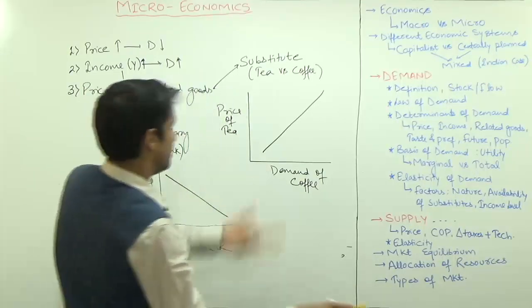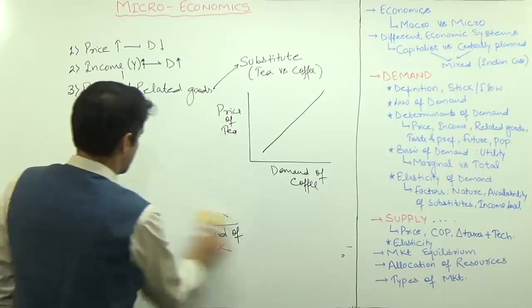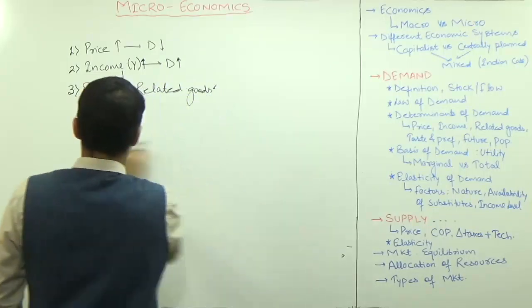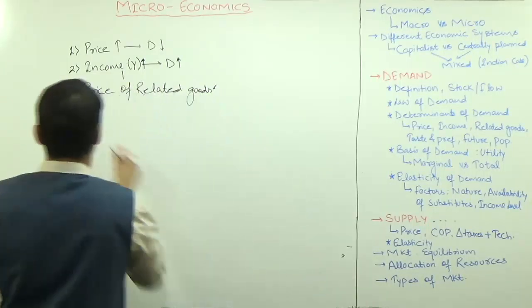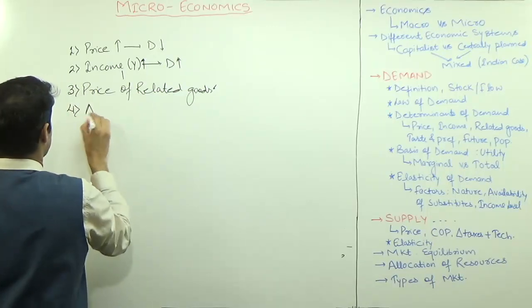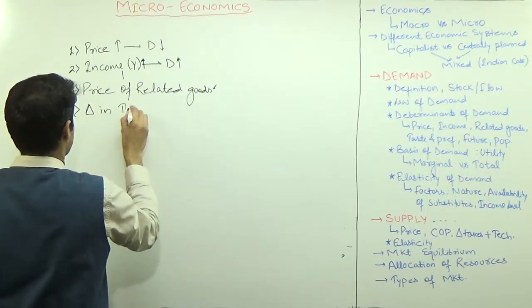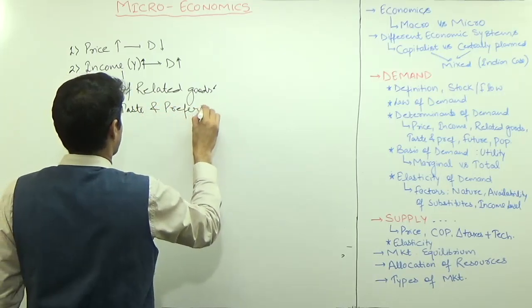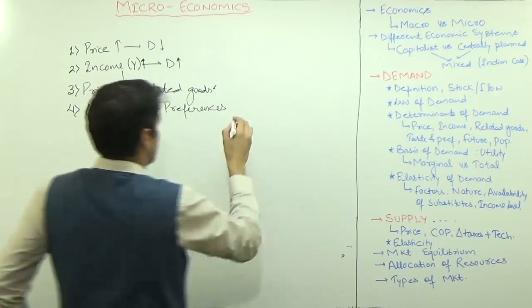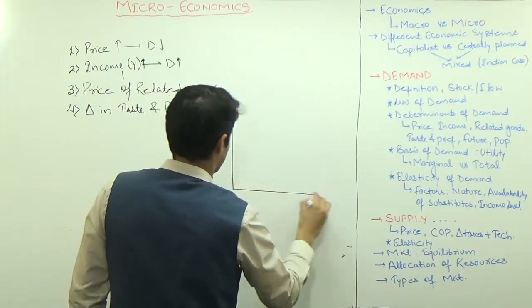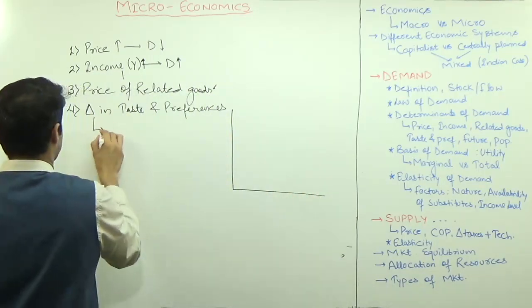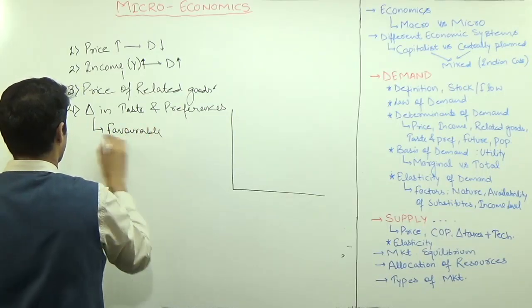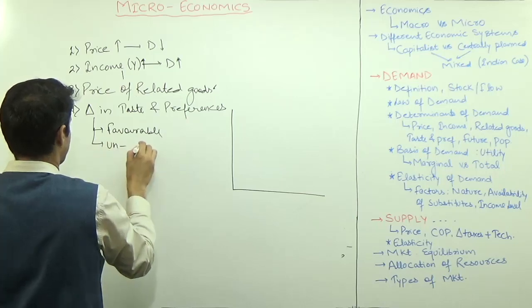Then the next determinant is the change in taste and preferences. Now this is again divided into two: favorable shift and unfavorable shift.